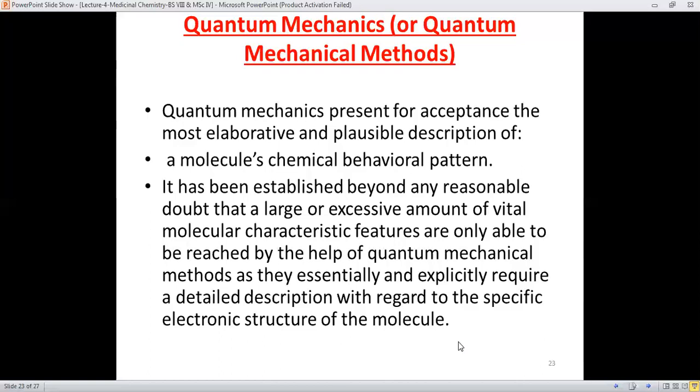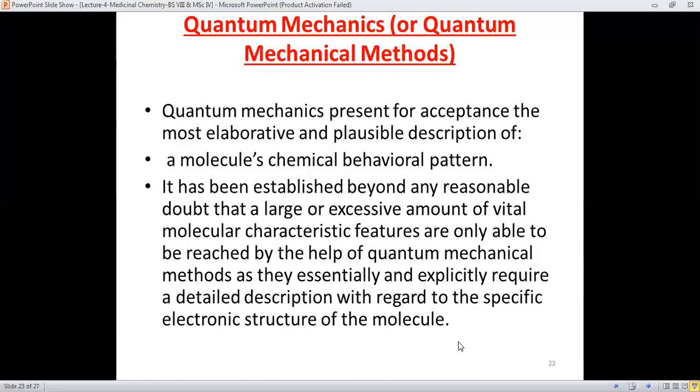It means whether this molecule will behave as a nucleophile or electrophile, what type of chemistry it will show, acidity, basicity, and so on. It has been established beyond any reasonable doubt that a large amount of vital molecular characteristic features can only be reached by the help of quantum mechanical methods.